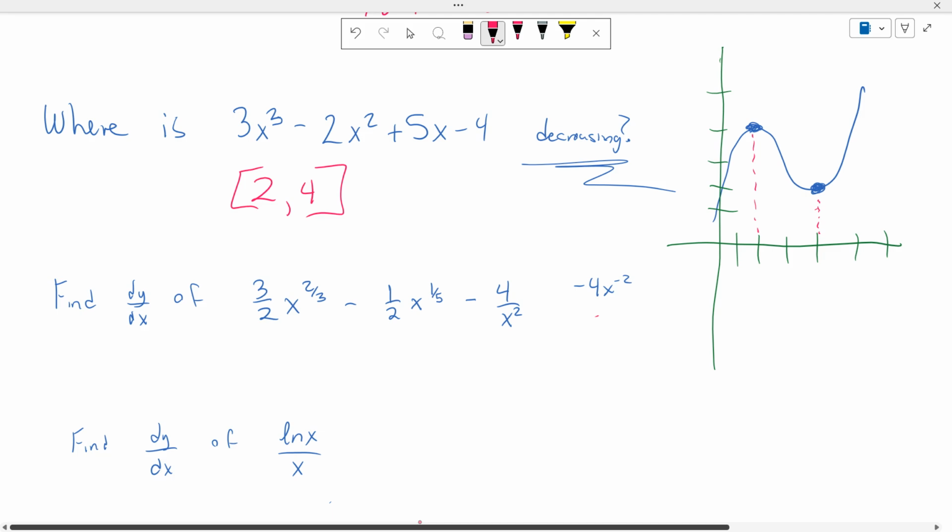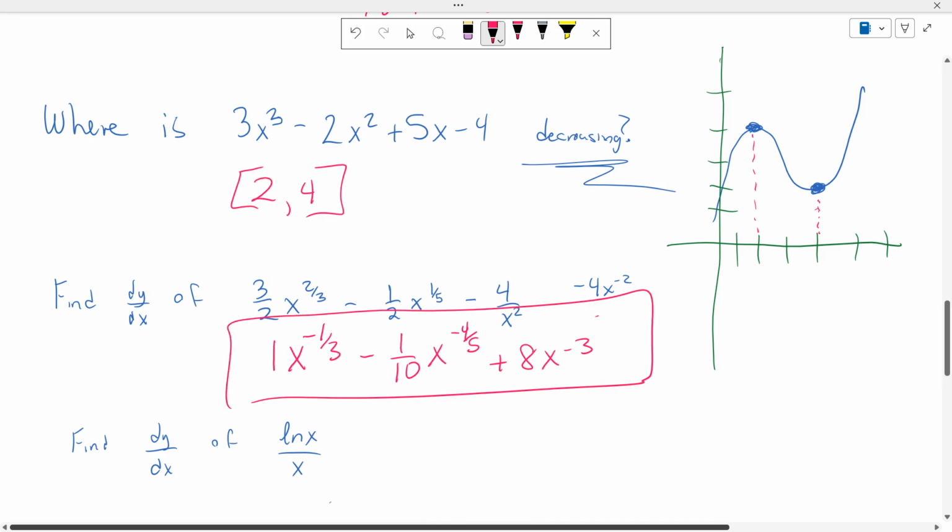Arithmetic there. Yeah, I don't know that stuff. 1 x to the what power? Negative 1/3. And then multiply these: minus 1/10 x to the what power? Negative 4/5. And then this one, plus 8x to the negative 3rd.